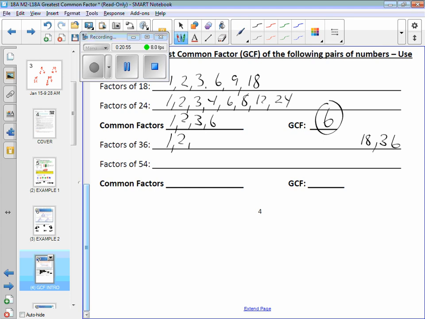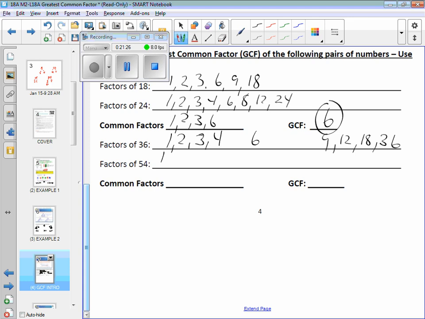Yes, because the rule for 3 is add the digits. That makes 9, and so 3 will work because 3 goes into 9. 3 times 4. Will 4 work? Yes. You've got to kind of know your times tables now. 4 times 9. 5, no. 6, yes. This is something new: 6 times 6. Only list it once. No numbers repeat when you do the pairs method.